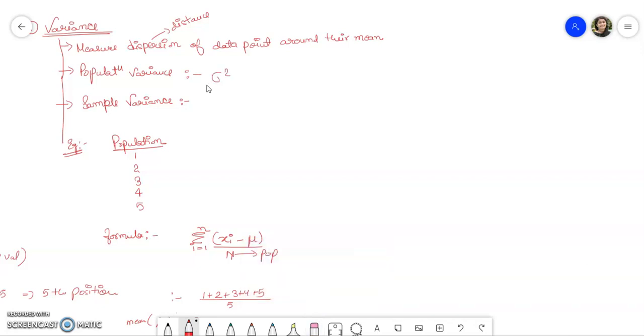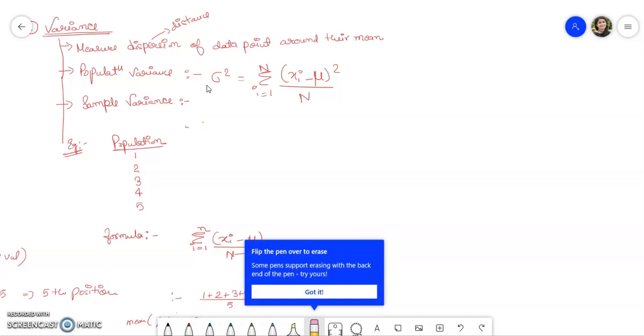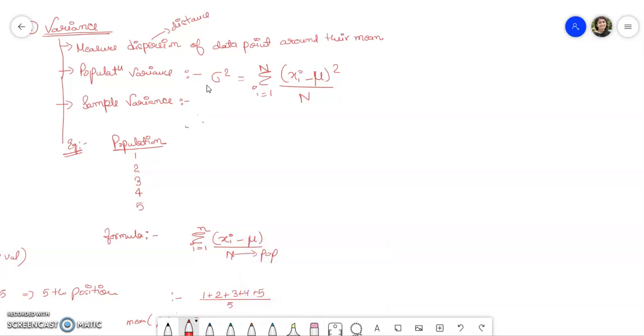Population variance is equal to the summation of i equals 1 to N of (xi minus mu) squared, divided by N. And for sample variance, it is s squared equals the summation of i equals 1 to small n of (xi minus x bar) whole squared, divided by n minus 1.